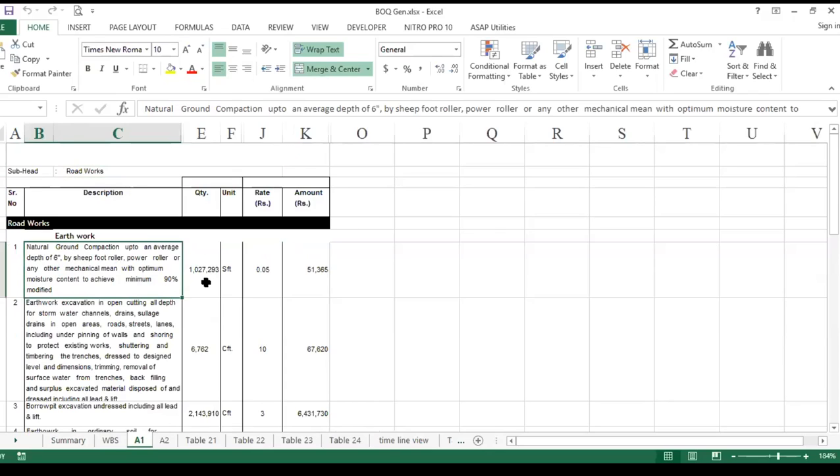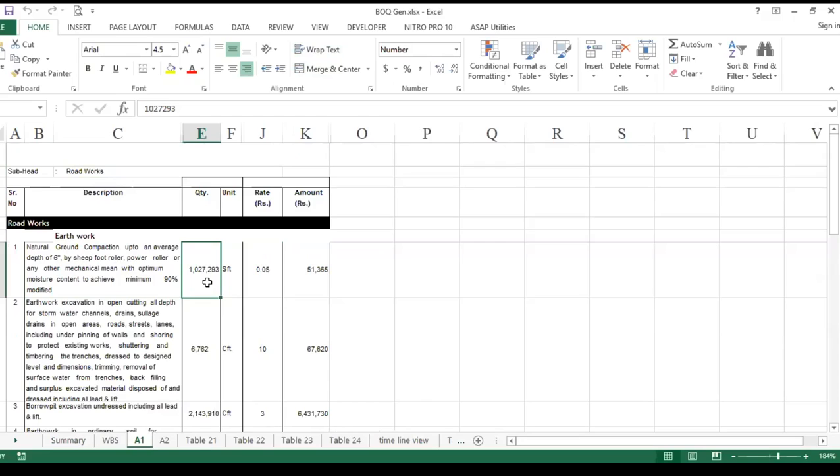So you can find a quantity which has been extracted from the plan and profile of the road. There is one unit for that, square feet, and the rate for that one unit, which is going to be multiplied with that quantity and is going to give you the cost.